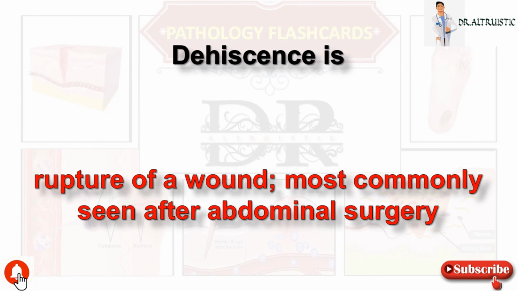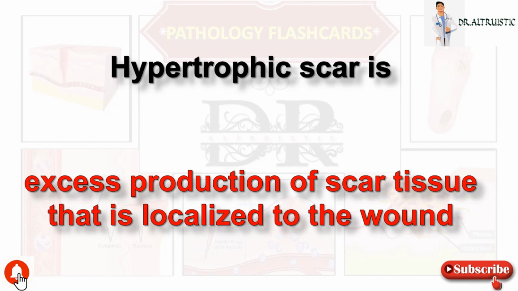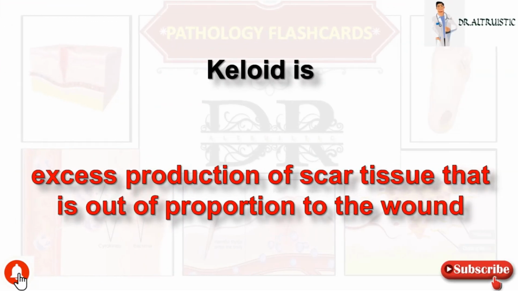Dehiscence is rupture of a wound, most commonly seen after abdominal surgery. Hypertrophic scar is excess production of scar tissue that is localized to the wound. Keloid is excess production of scar tissue that is out of proportion to the wound.